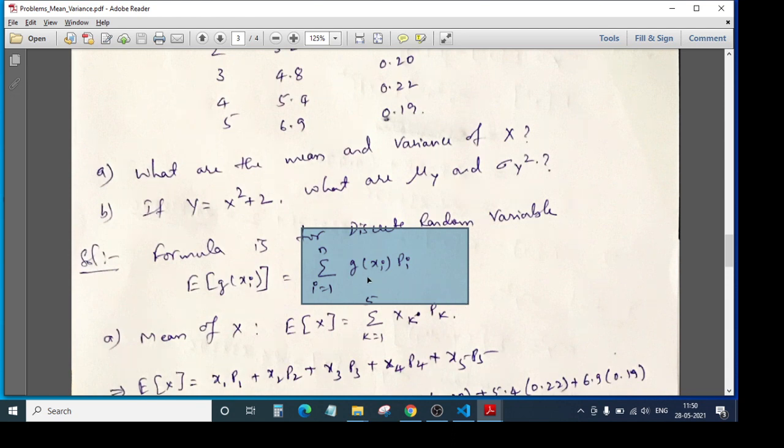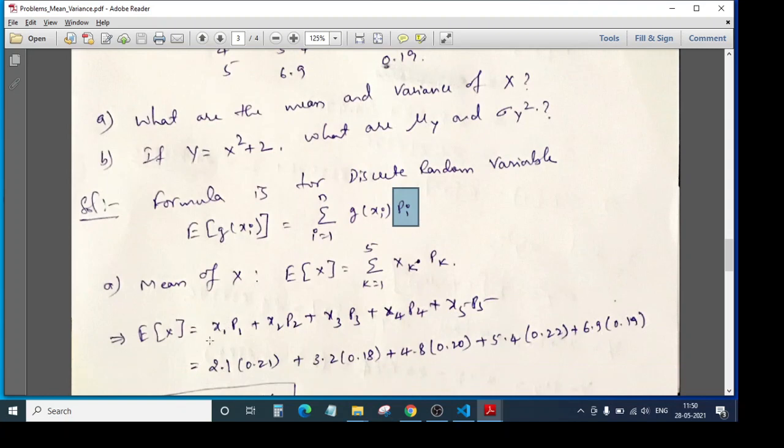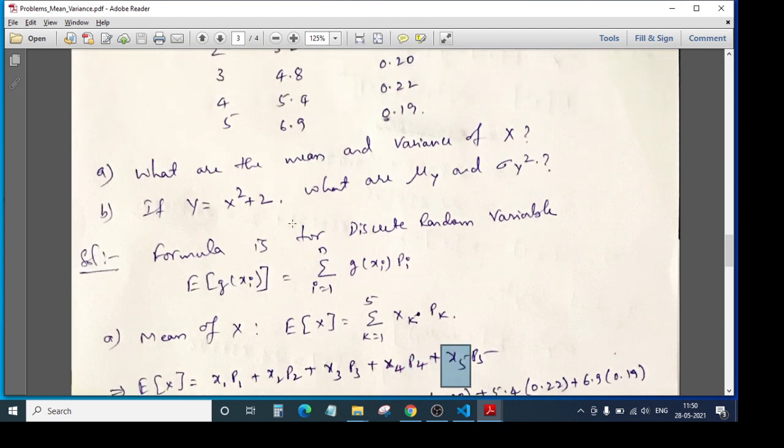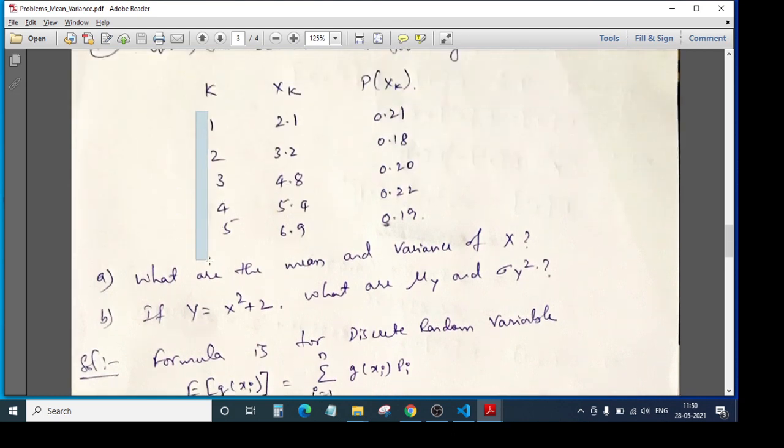It is the g of xi, that is one of the functions, multiplied by pi. We'll first try to find E of x. E of x is nothing but xi into pi. See here it is x1 into p1, next you have x2 into p2, x3 into p3, x4 into p4, and x5 into p5. Why only till 5? Because we have here k equal to 5.